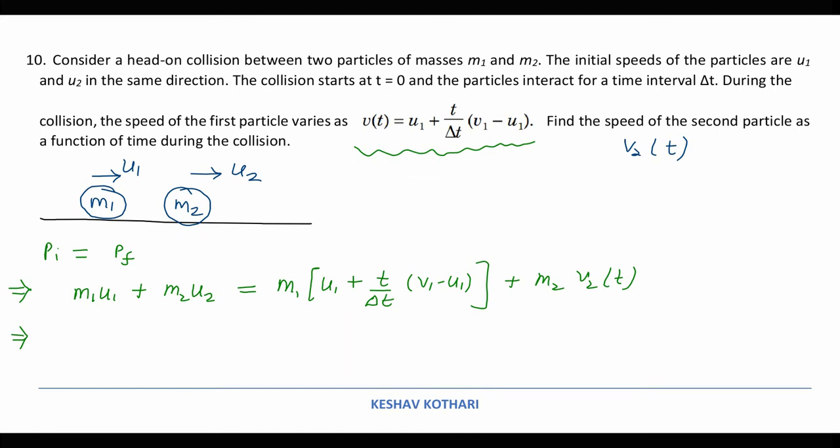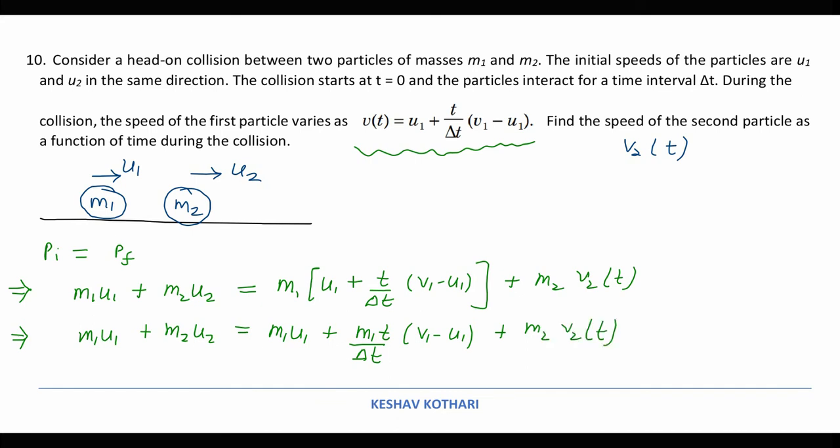So let us make an approach like this: we can simply write this expression as m1 u1 plus m2 u2 equal to m1 u1 plus m1 t upon delta t times v1 minus u1, plus m2 times the velocity of 2 as a function of time.